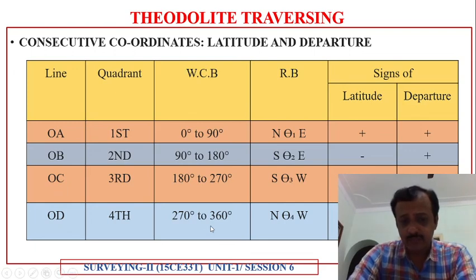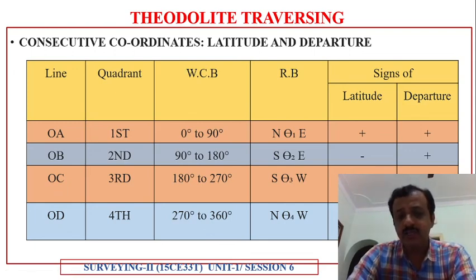If the angle is between 270 and 360 degrees in whole circle bearing, that is north theta 4 degrees towards west, latitude will be positive and departure will be negative.